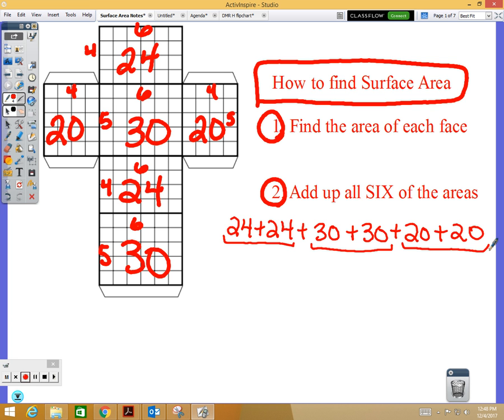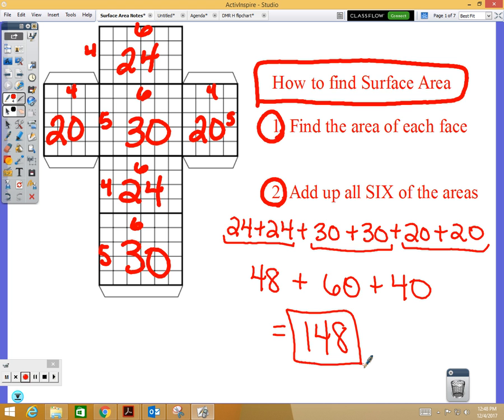Because again, you have 2 sides that are exactly the same. Okay, we really have 3 different numbers here. So this would give us 48, 60, and 40. And someone already shouted out to me 148, and you are correct. So the surface area of this would be 148. So the area of each face, and add them all up.